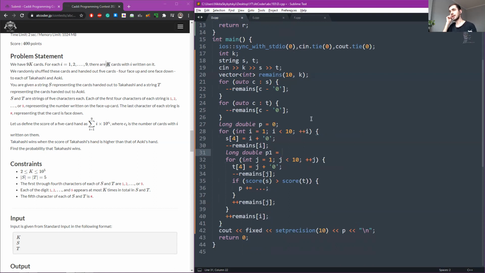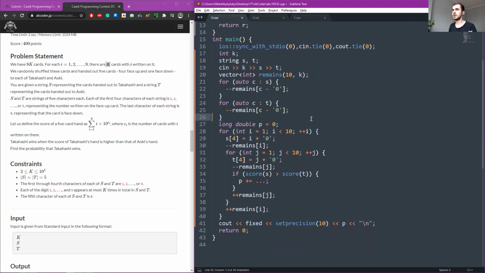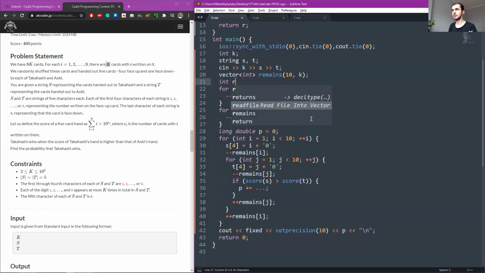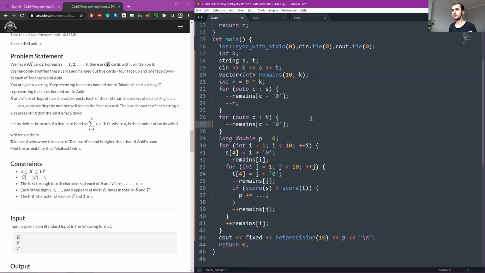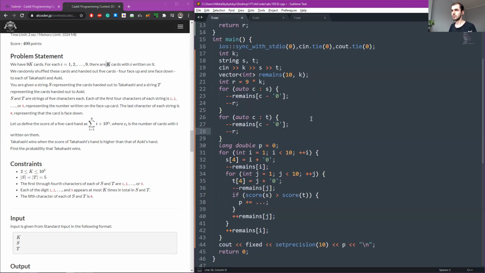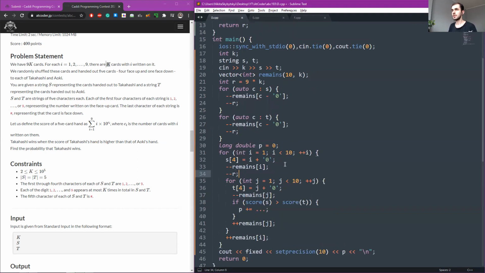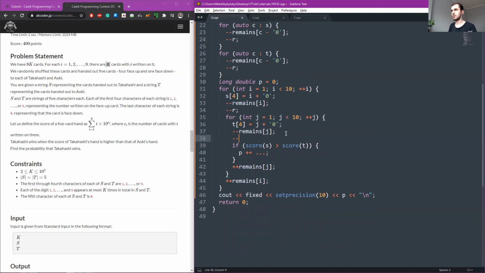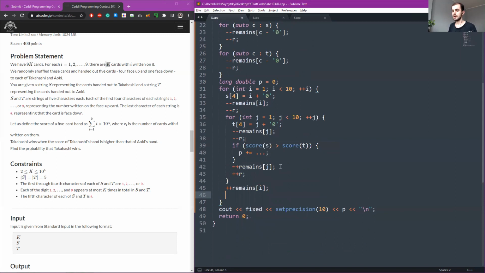And really sum only takes 10 operations to compute, so we are perfectly fine with that. So R is the total number of cards that we have.